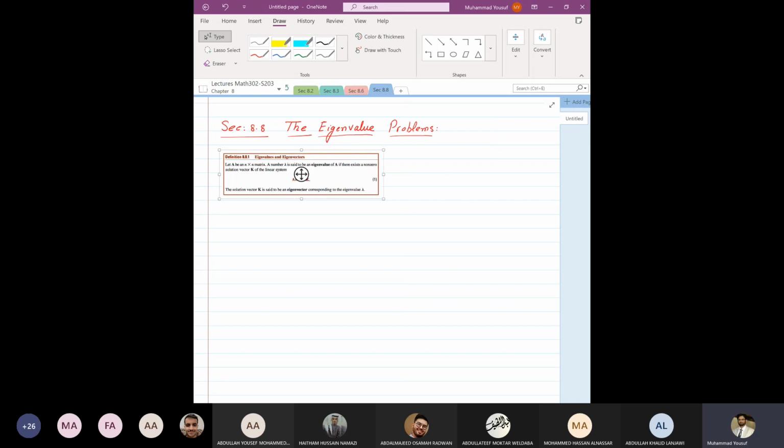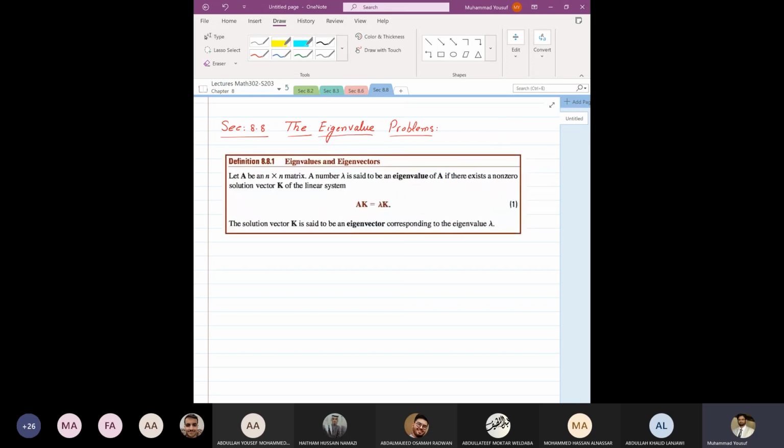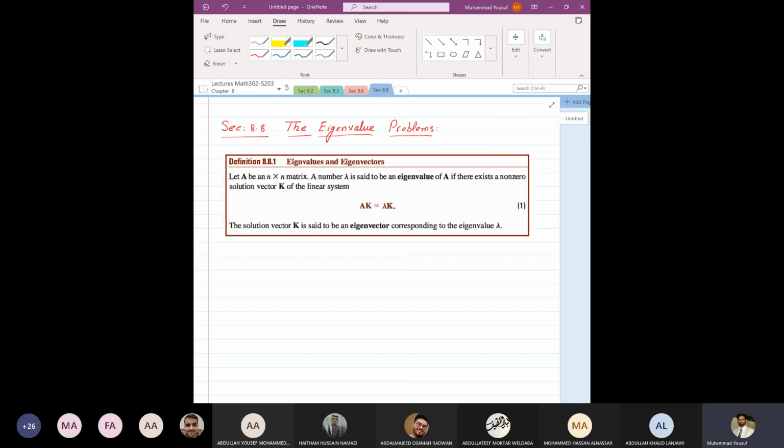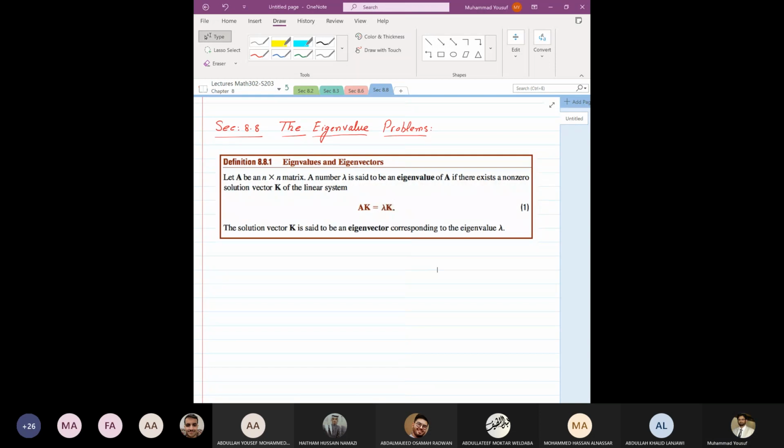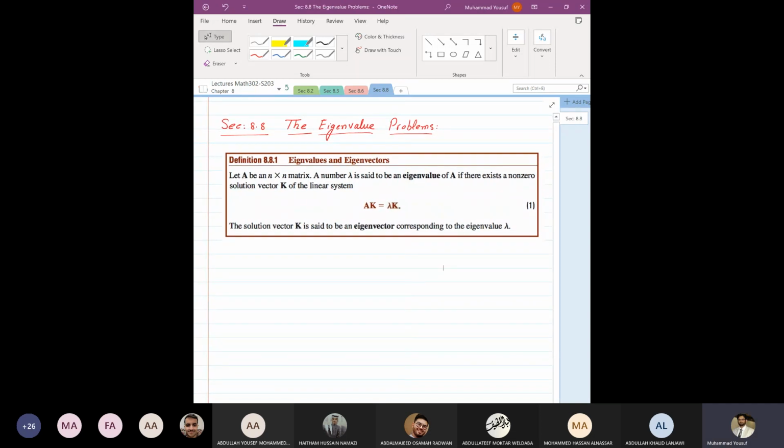Let me just copy and paste from your book this theorem statement. Let A be an n by n matrix. A number lambda, it may be complex, is said to be an eigenvalue of A if there exists a non-zero solution vector K of the linear system.